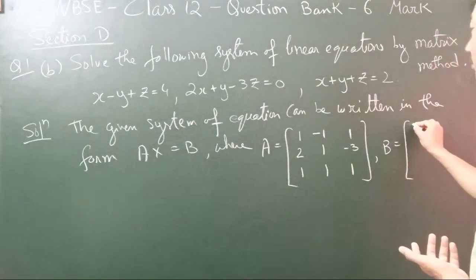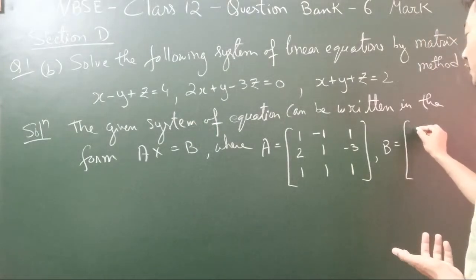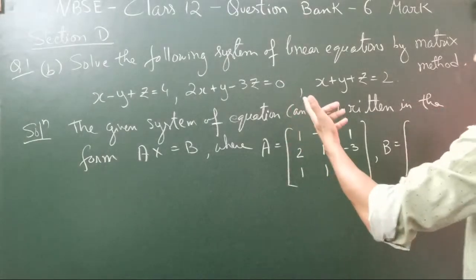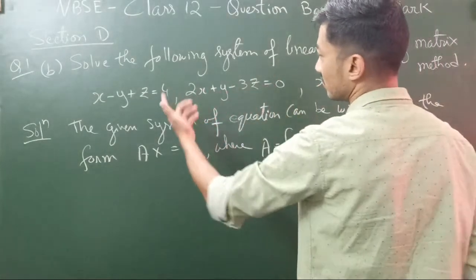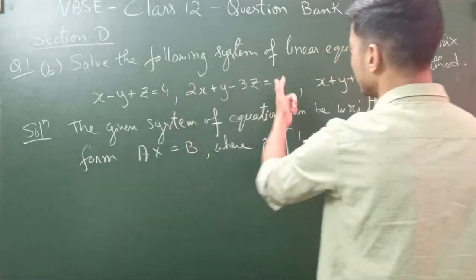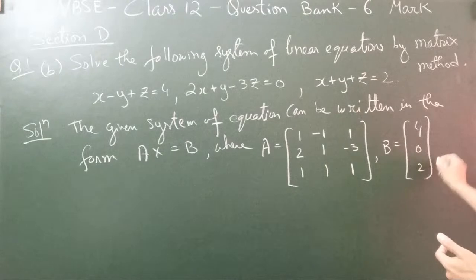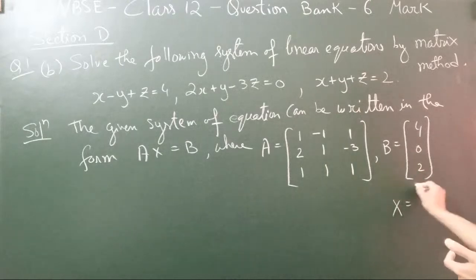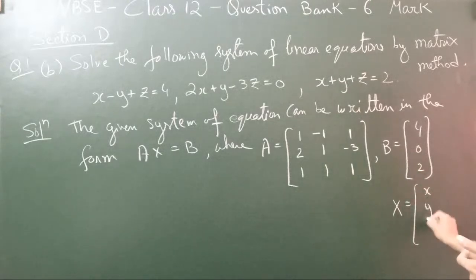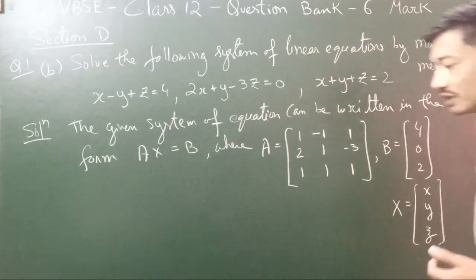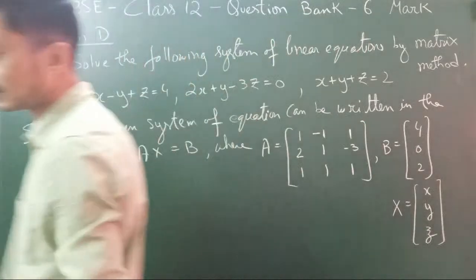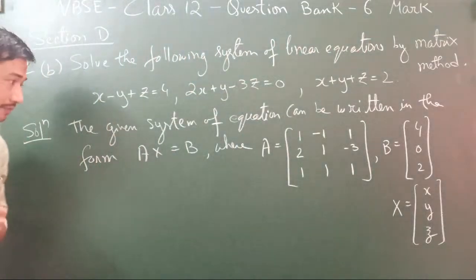B would be the matrix which comprises the constants of the given equations: 4, 0, and 2. And of course, X would be the matrix which would comprise the variables, that is x, y, and z for this particular question. There can be other variables also.